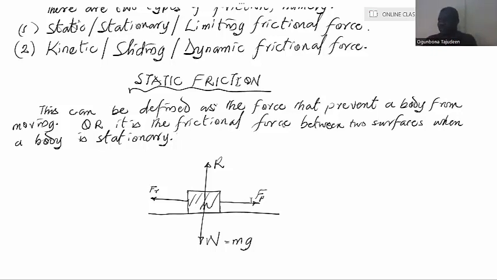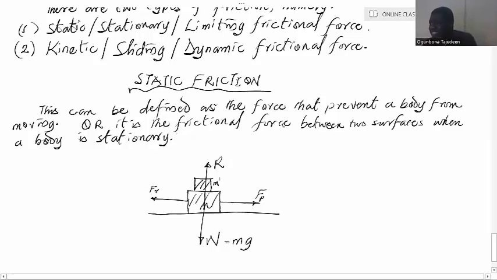But what we want to get from here is that if we decide to increase this mass, let's say we increase it with another mass, m prime, then the reaction will increase immediately.